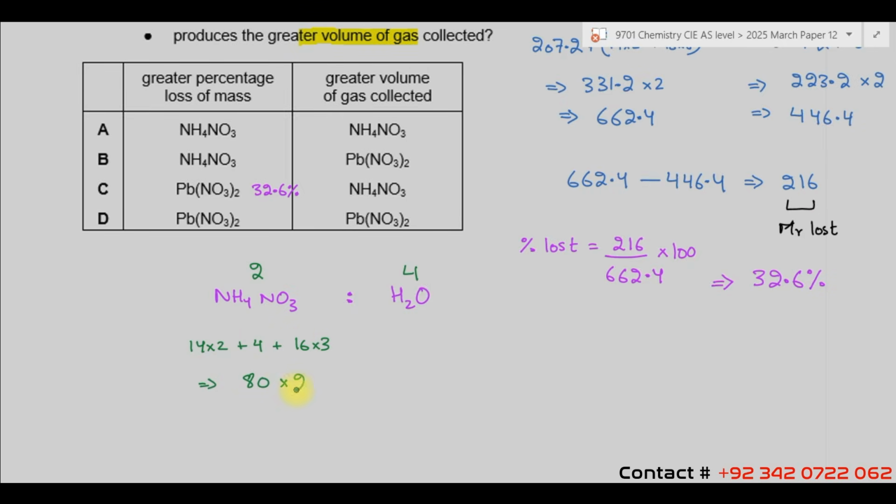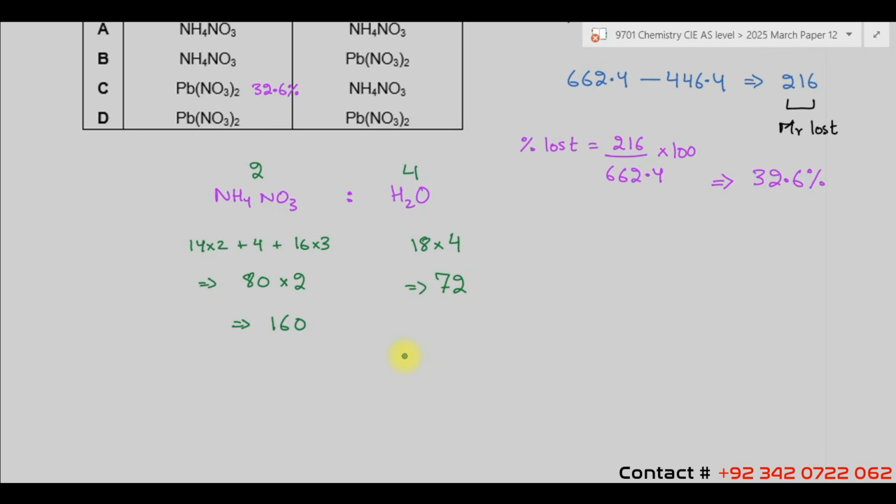Multiplying with number of moles, MR is 160. In water we have 2 hydrogens and 1 oxygen, so it is 18 into number of moles, 72. Let's find out the difference. So 160 minus 72, 88. This is the molecular mass which is lost in terms of gases.